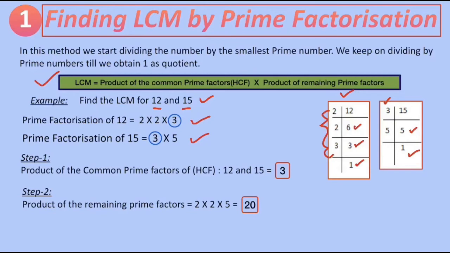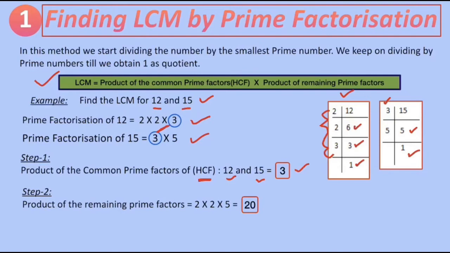For finding HCF, we have to multiply the common factors which are present in the given numbers. Here in step 1, we have to find the product of the common prime factors, that is HCF. Here 3 is the common factor for 12 and 15. So HCF for these two numbers is 3.